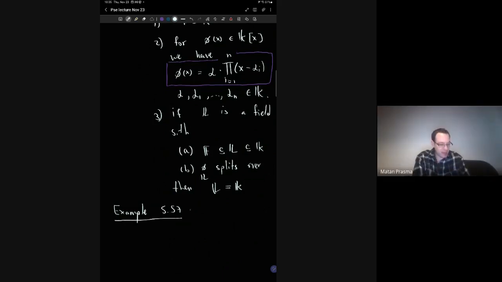So I start with the ground field Q, the rational numbers, and a phi of x, let me call it f of x, just simpler. f of x is x to the 4 minus 2.